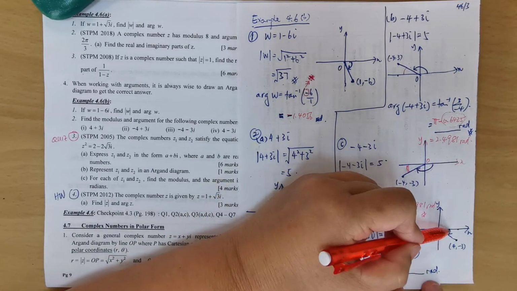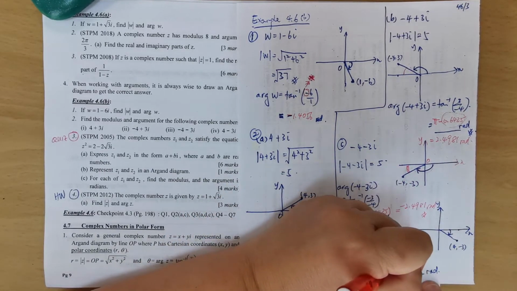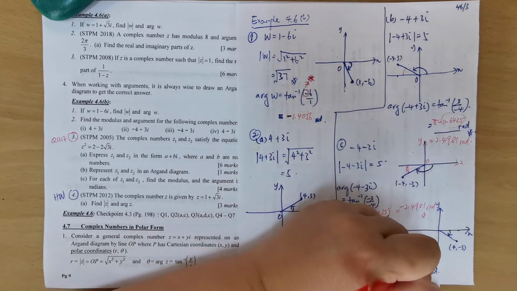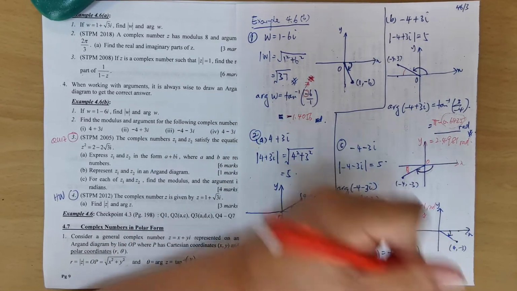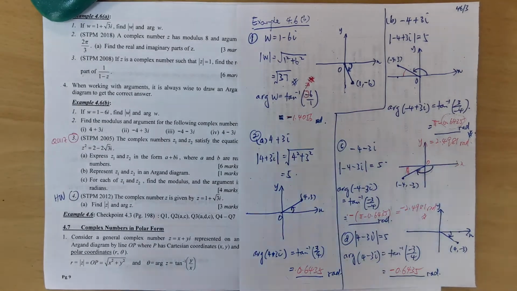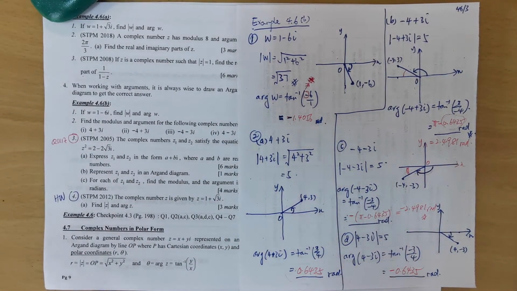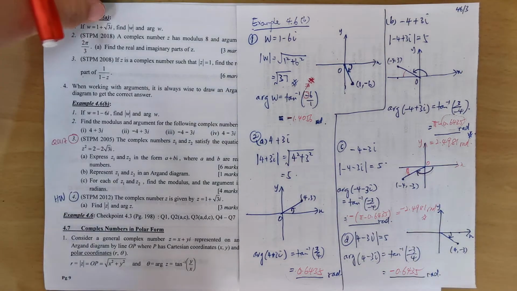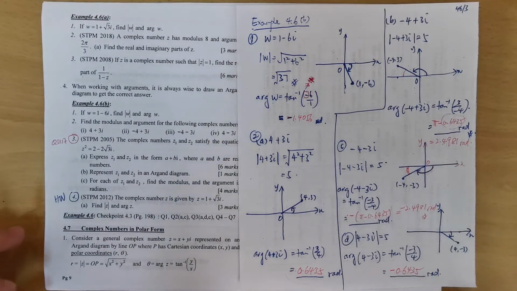And you know that it is in the fourth quadrant, so the angle is negative. This is the acute angle. I hope it is very clear, using this second question. Yes, you really have to determine your argument correctly and carefully.